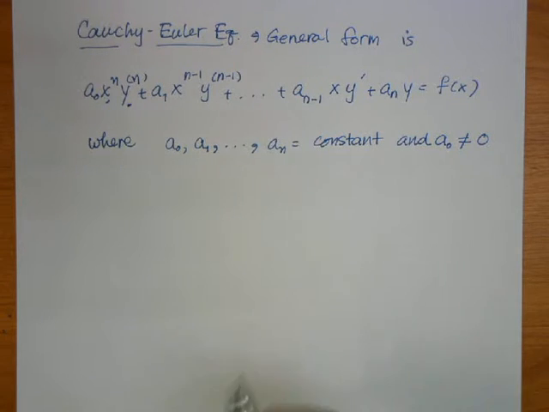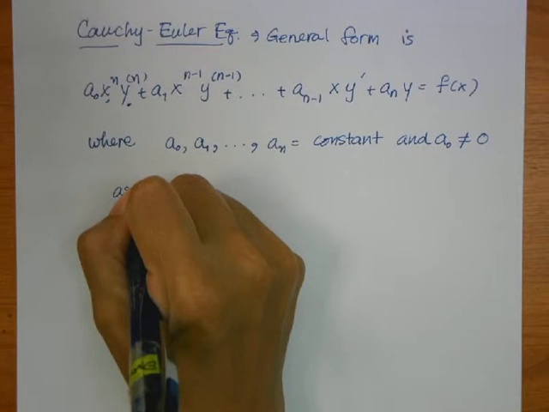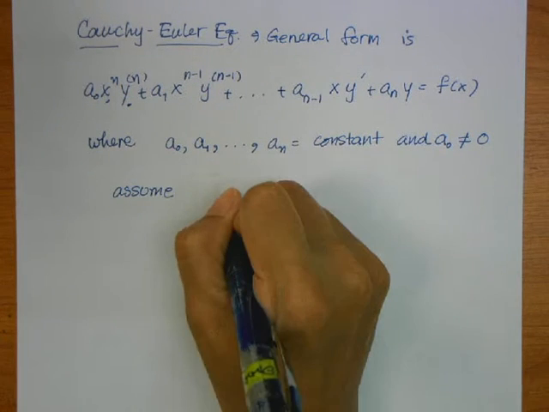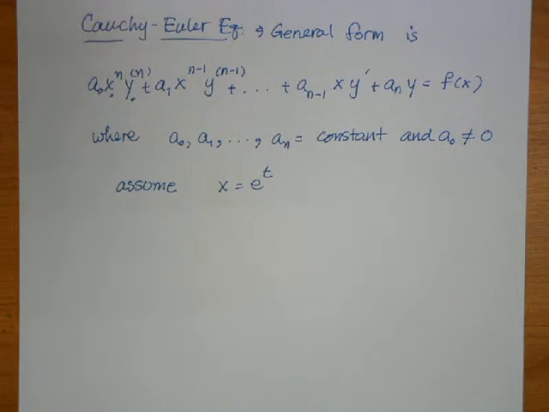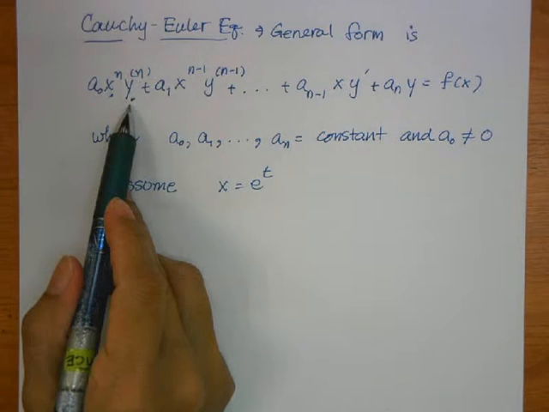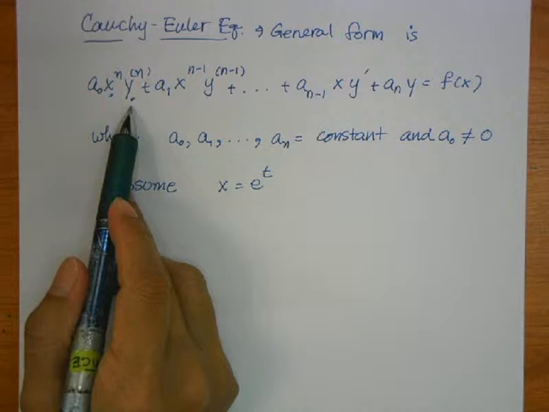First, you assume x equal to e to the power t. What we are going to do is change the independent variable x to t, and then write down our differential equation in terms of y and t.